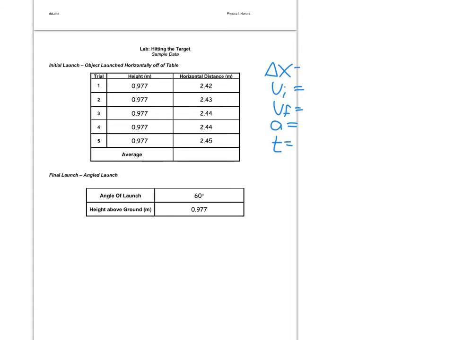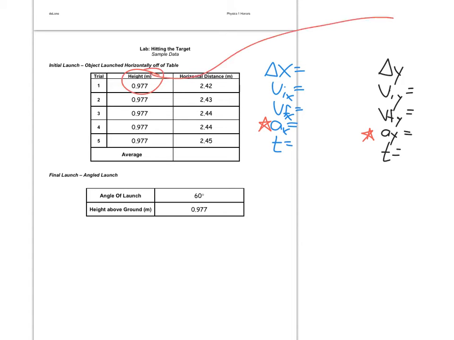There's our x chart: delta x, VIX, VFX, AX, and T. Then we're going to do the same thing in the y direction: delta y, VIY, VFY, AY, and T. We're going to fill in all the things we know. We of course know our two accelerations in both the x and y directions because we always know that for projectile motion.